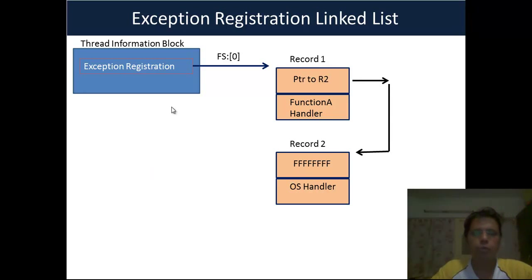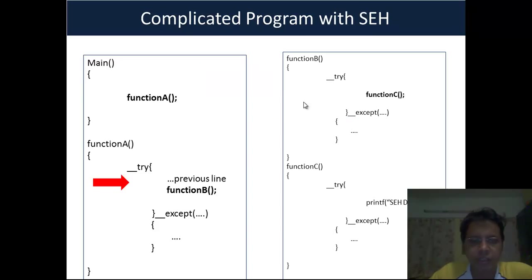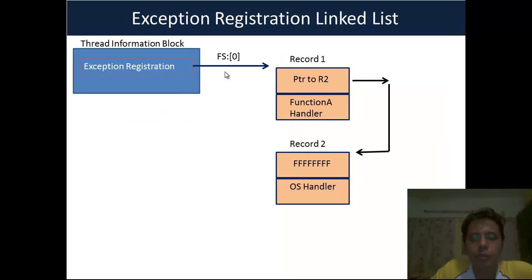The previous record, which was the default handler, has now shifted and become record 2, and the first record is the exception handler for function A. So record 1 has the handler for function A, and the pointer to the next record is pointing to the default handler from the operating system. Notice how we have added to the head of the list.